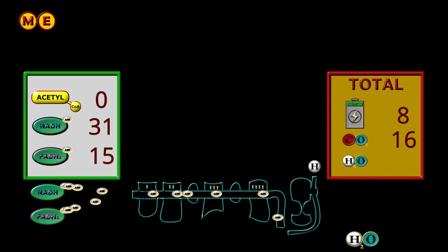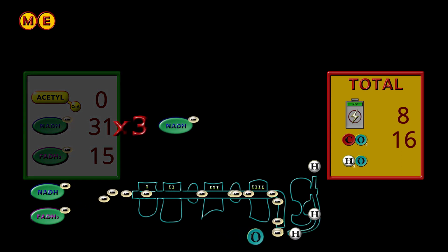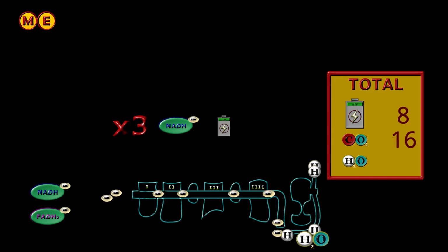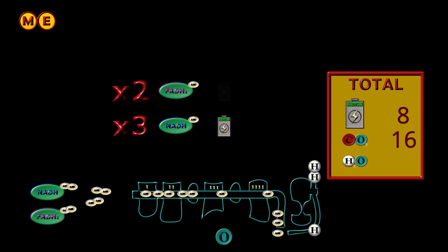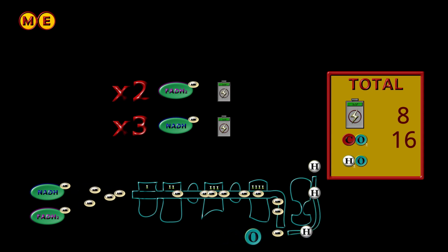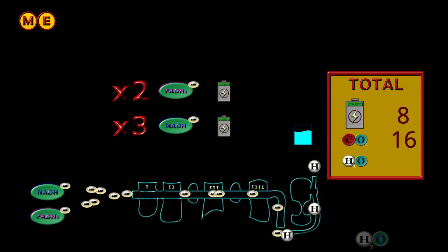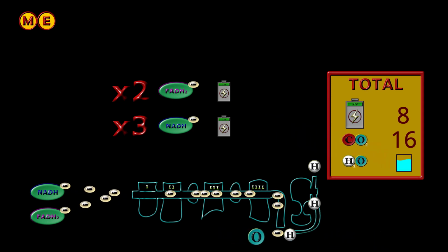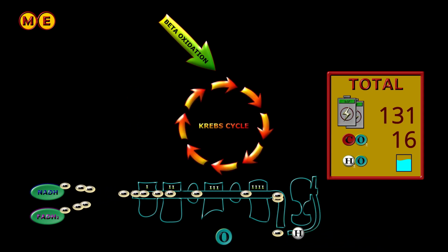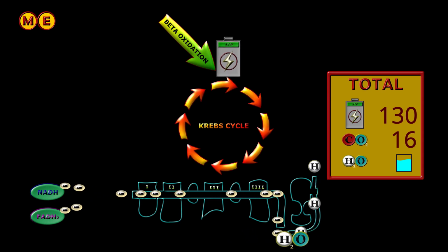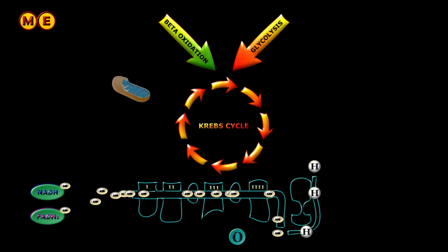And as we already said, for every NADH we get 3 ATP, which equals 93 ATP. And for every FADH we receive 2 ATP, which equals 30 ATP. And we also make some water. So, as a total, from one 16 carbon long fatty acid chain we have 131 ATPs. In fact, we get 130 ATP because in the beginning we have to use 1 ATP to activate the beta oxidation process.